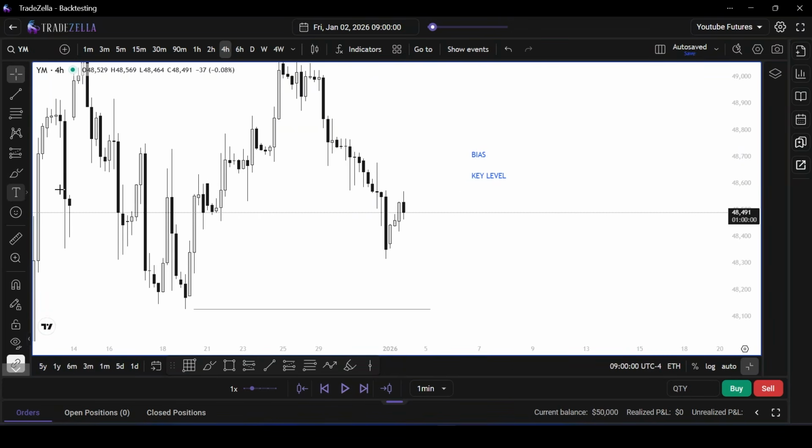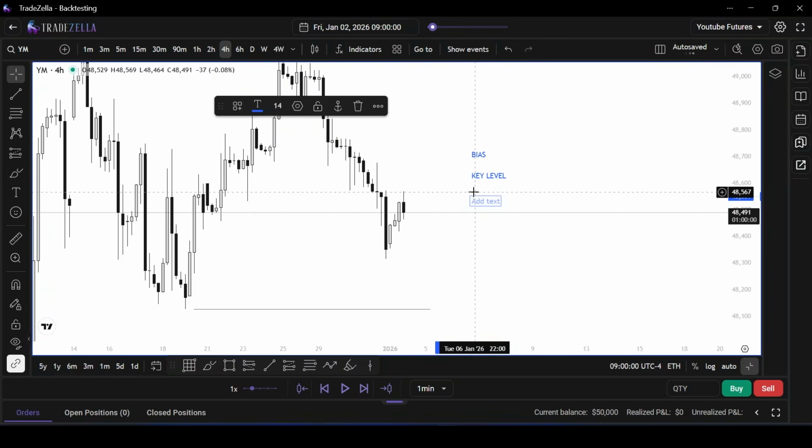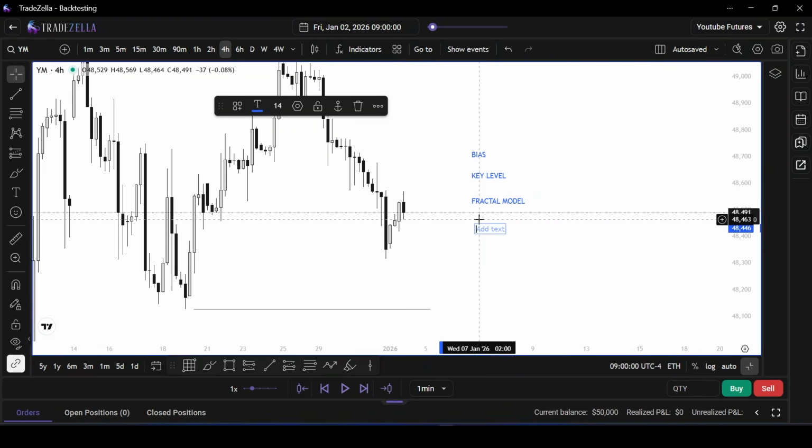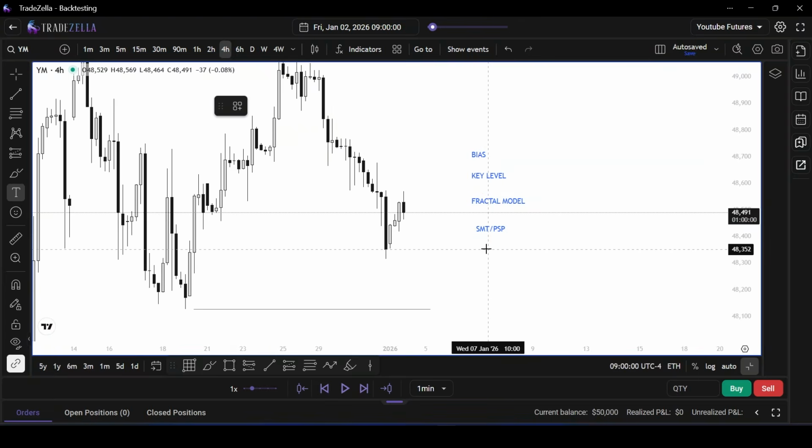We're gonna require a confirmation, a fractal model rally. We're gonna require an SMT to confirm that fractal model, SMT or PSP. Then we can get our entry signature.